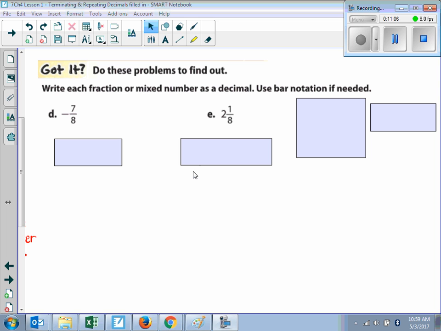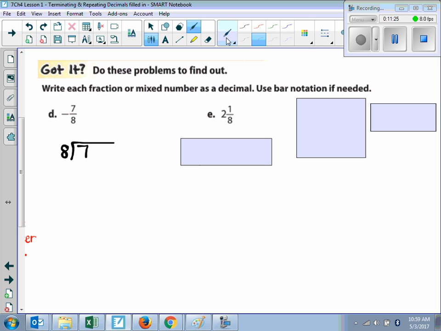So here, when I'm changing -7/8 to a decimal, we're going to divide the numerator divided by the denominator. So this is going to be 7 divided by 8. Is everybody clear? So when we do that, we're going to divide.